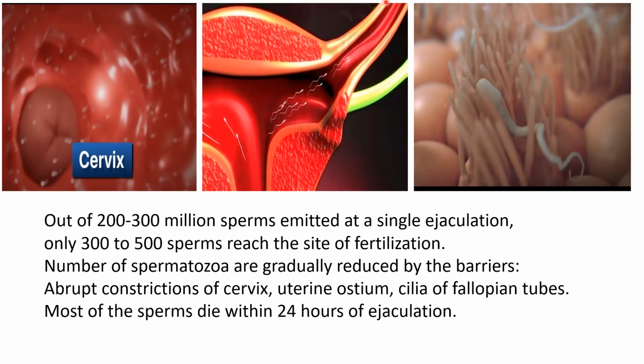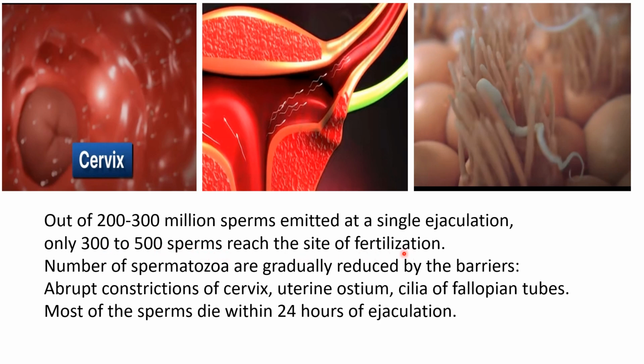Then the constriction is offered by the ostium of uterine tube and the cilia of the fallopian tube also act as barrier, and when these sperms are overcoming these barriers, most of the sperms will die within 24 hours of ejaculation, and only 300 to 500 sperms will reach the site of fertilization.